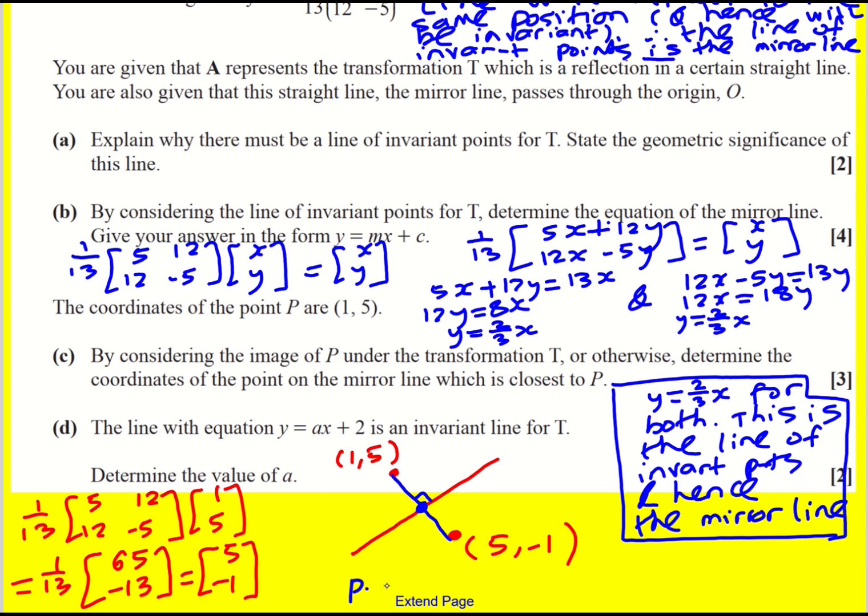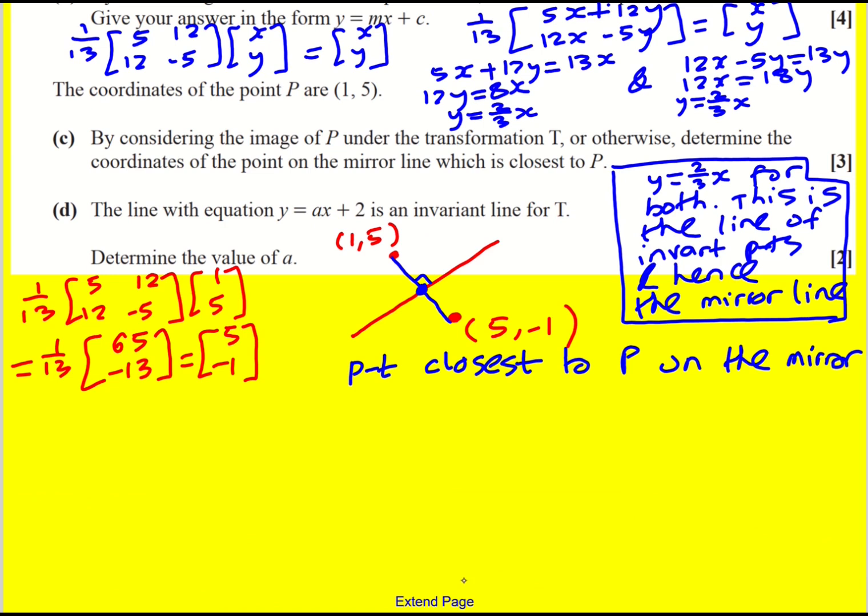So the point closest to P on the mirror line will be the midpoint. I could just add the two values together. 6 divided by 2, 3. That's halfway between 1 and 5. And then 2, halfway between 5 and -1. It's this point here.